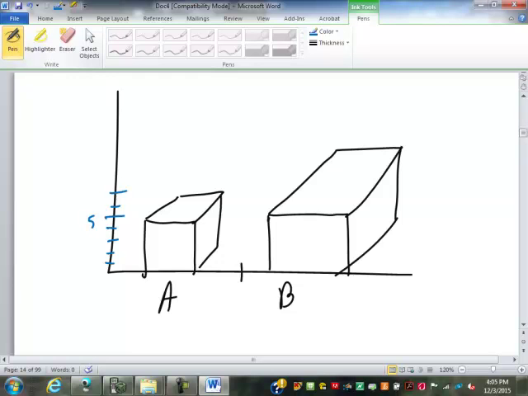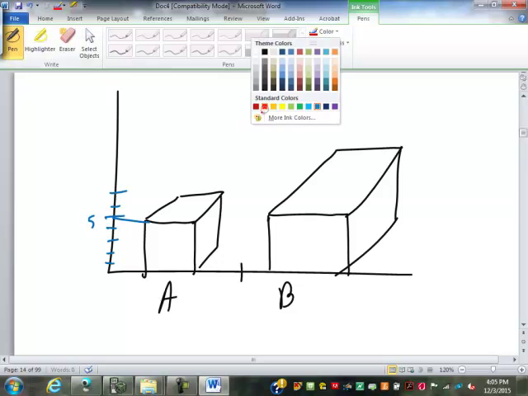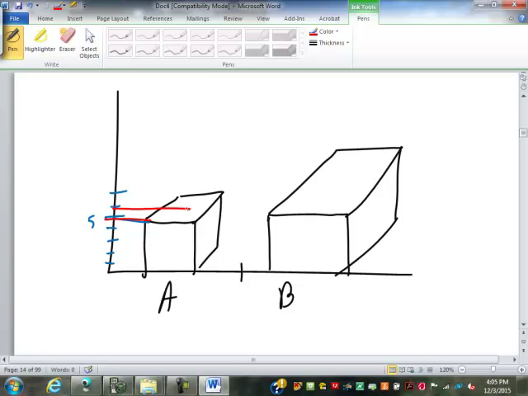B. Would you say double? Triple? Double? This graph is actually read like this. A is just under 5. B is just under 6. Just a little bit more, only 20% more.